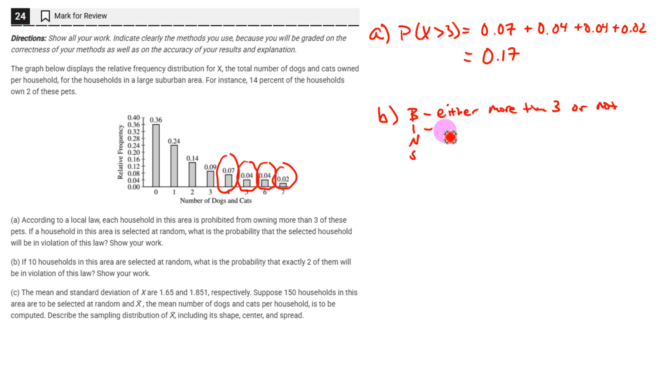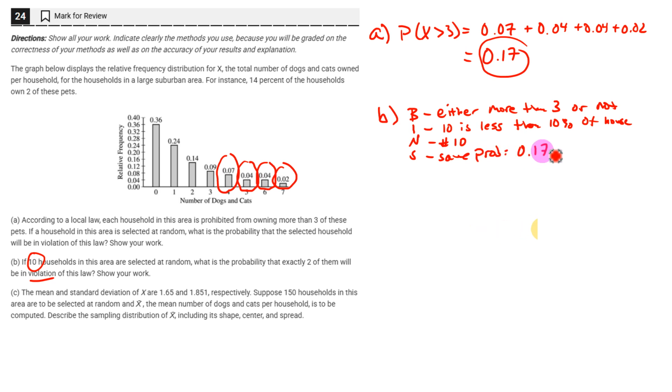Yeah, we have 10 households. 10 is less than 10% of households. Number of trials is 10. And the same probability each time. And violation. So we found our thing to be, here's our probability. Same probability. It's always going to be 0.17.